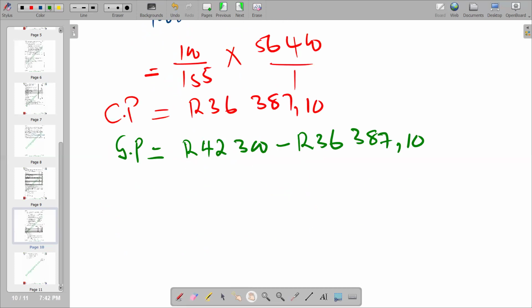We calculate, and the gross profit on yield sales is going to be 5,904 rands 90 cents.